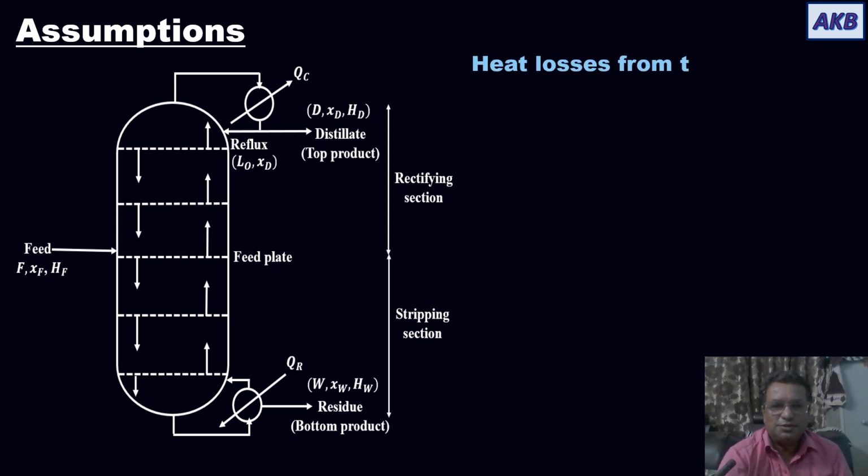Now the first assumption that is used in the McCabe Thiele method is that heat losses from the column are negligible. That means heat losses to the surroundings are considered to be very small, so that you can neglect them.